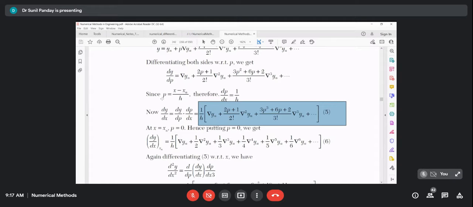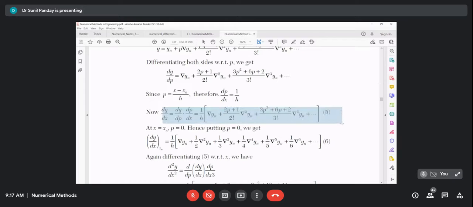If I substitute p equals 0, then h is multiplied by 0, and x equals xn; or you can say when x equals xn, p should be 0. So if you want the derivative at x equals xn, this p will be 0.